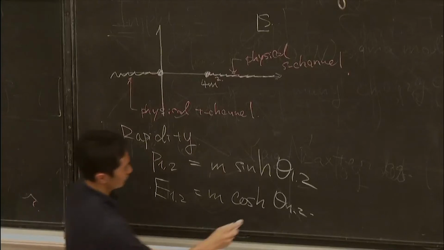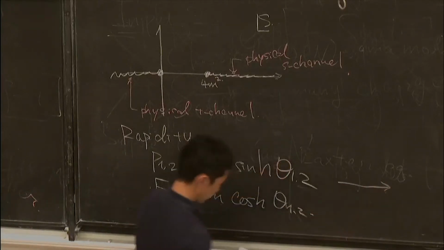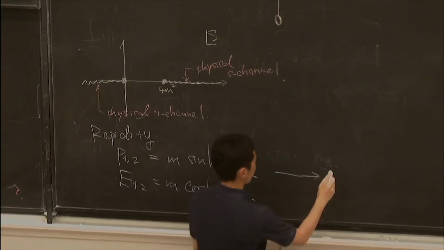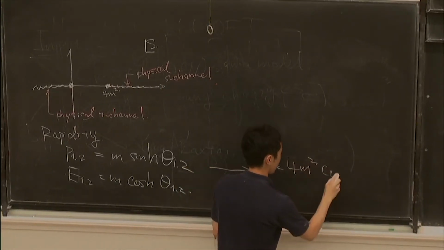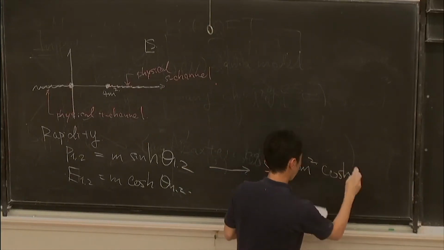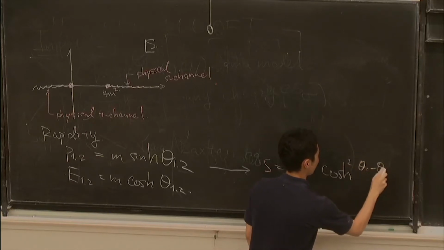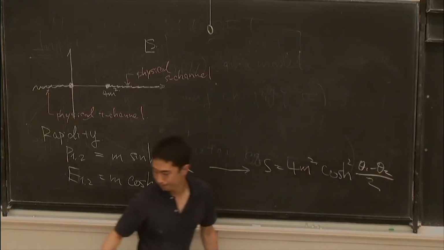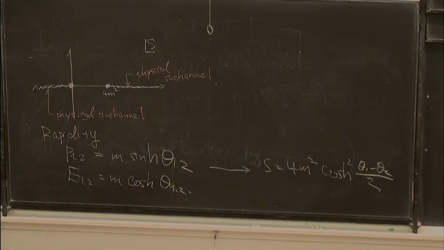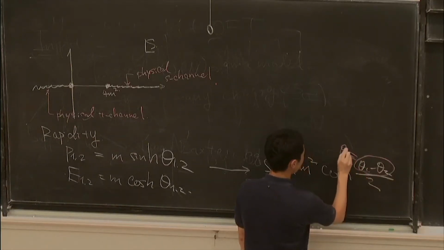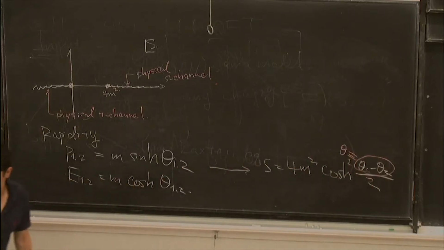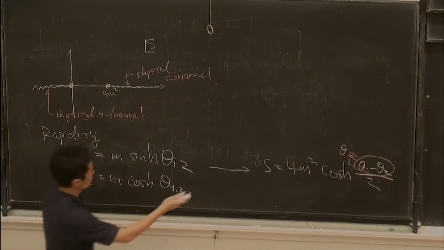If I do so, the Mandelstam variable is expressed in this way, with cosh squared of (theta 1 minus theta 2) over 2. I'm going to call this variable theta and then discuss the analytic property in the theta plane.